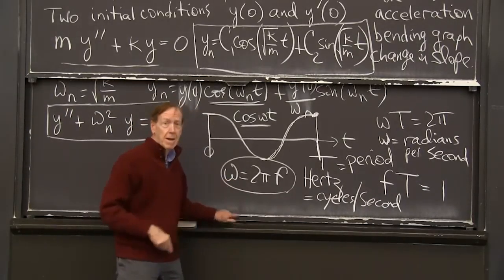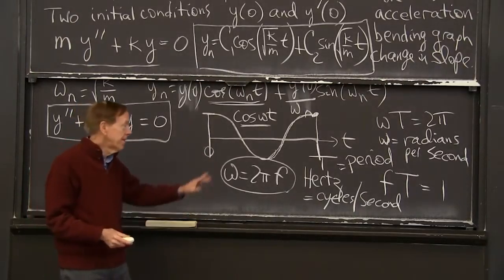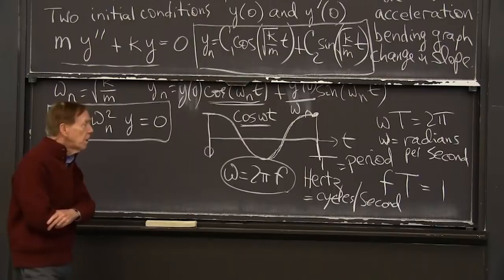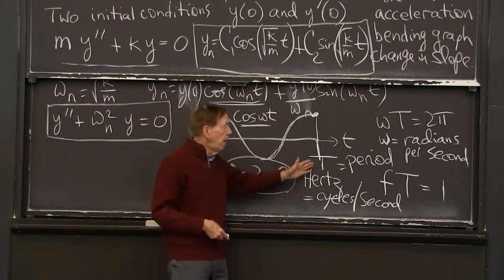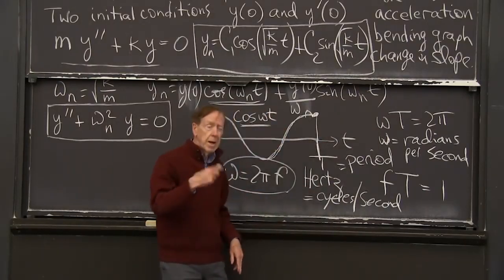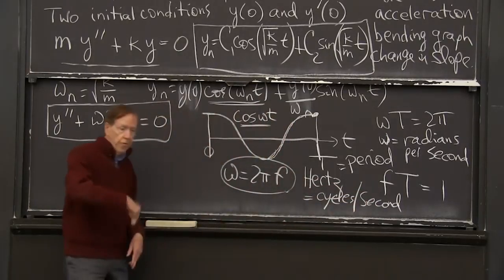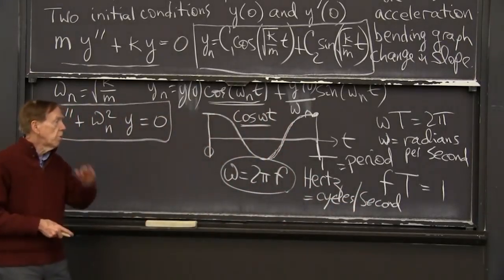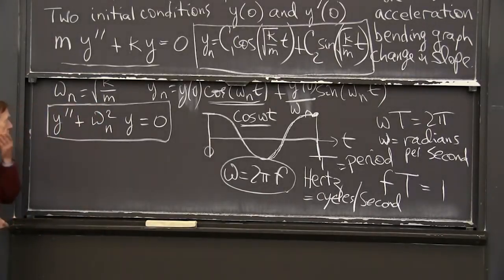This isn't big, heavy math, but it's more important than a lot of math just to get these letters straight. So there's capital T, the period, and two measures of frequency. One is omega in radians per second, and the other is f in full cycles per second. So one is 2 pi times the other. Good.